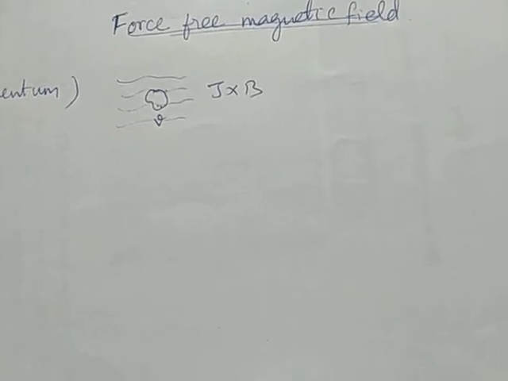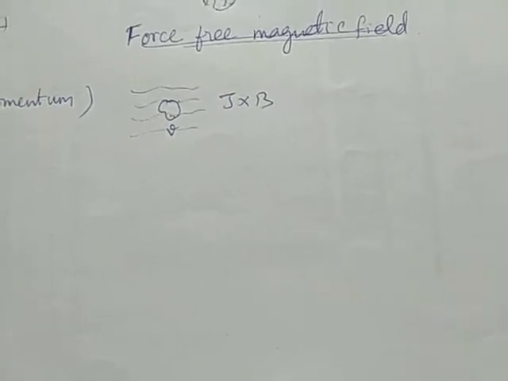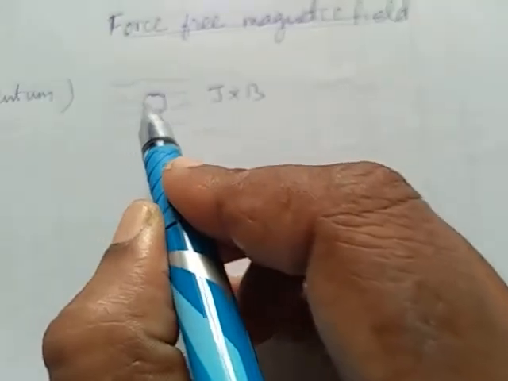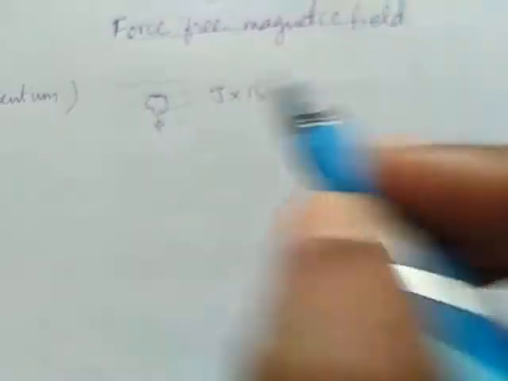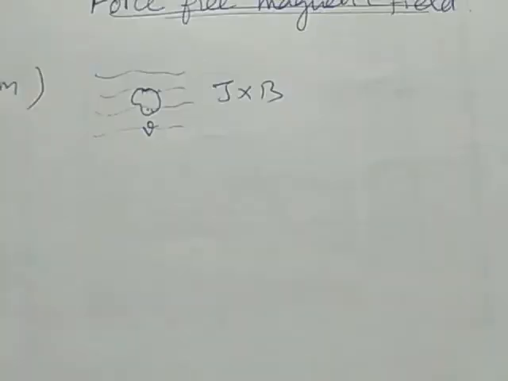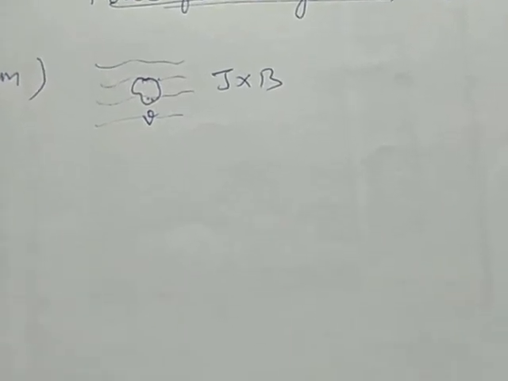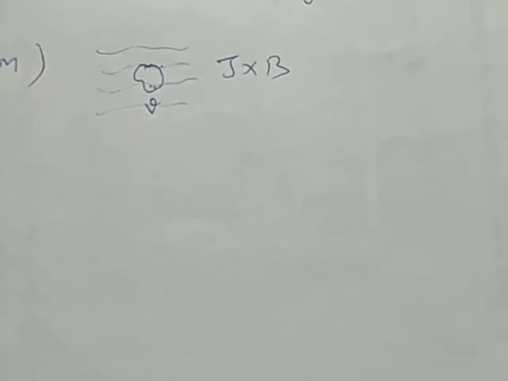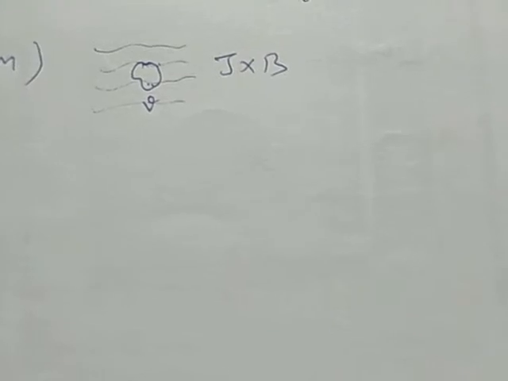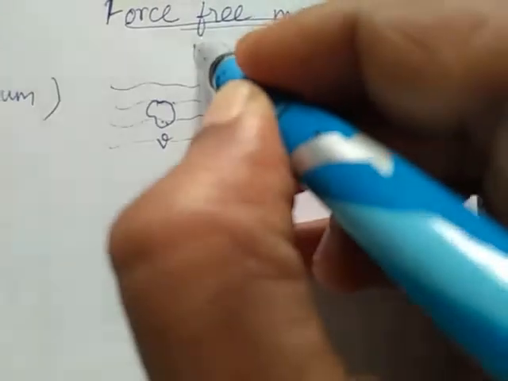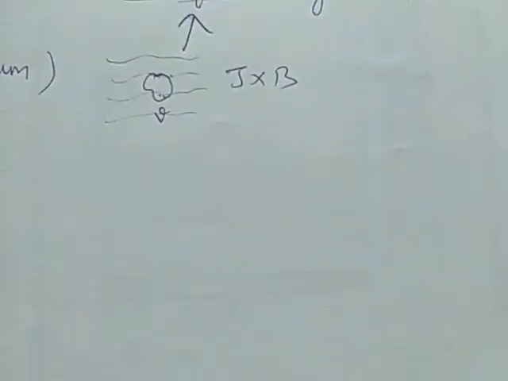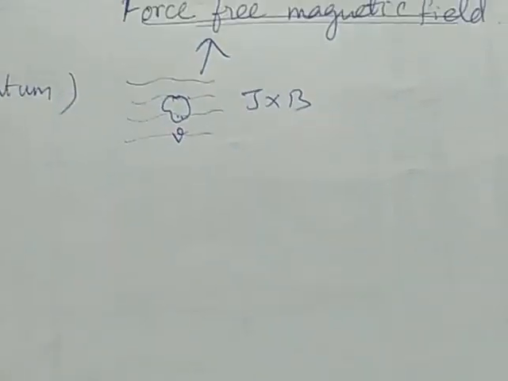If this force is 0, that is, if there is no magnetic field force, if that magnetic field force is 0 everywhere in the fluid, then it corresponds to a force-free magnetic field.